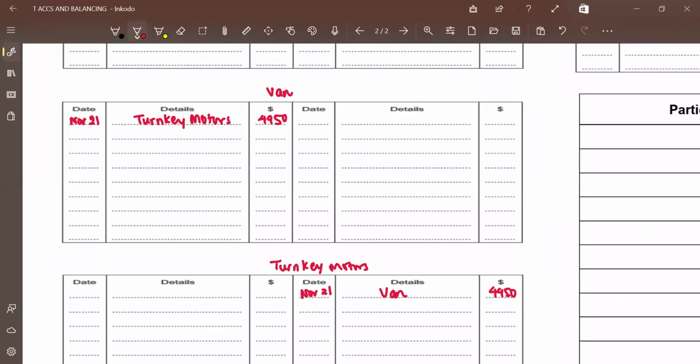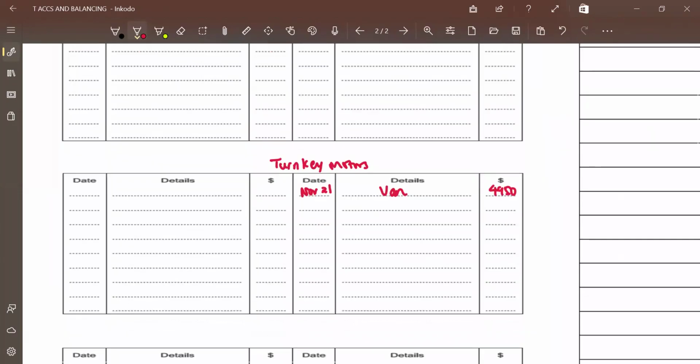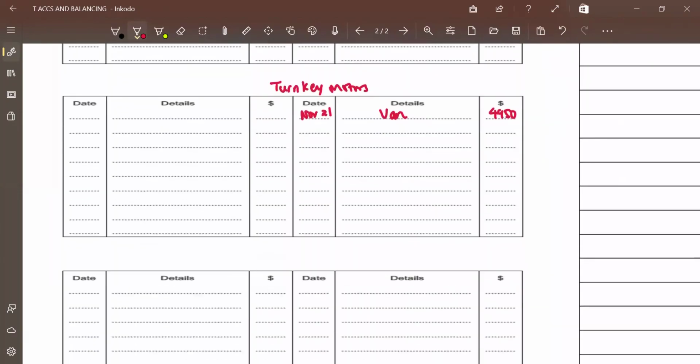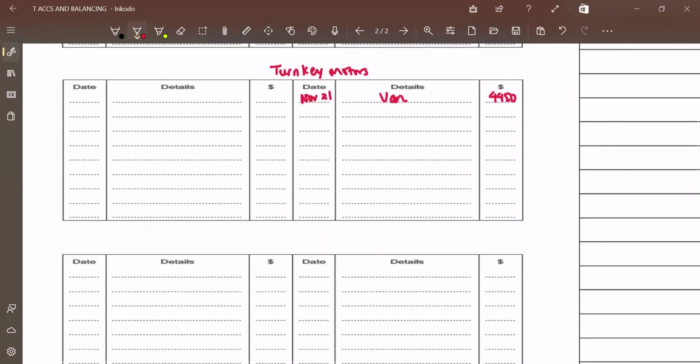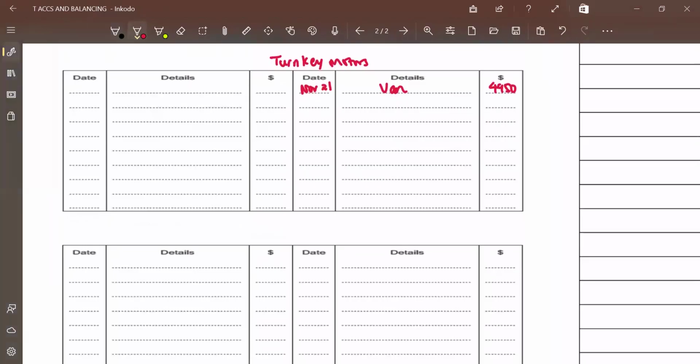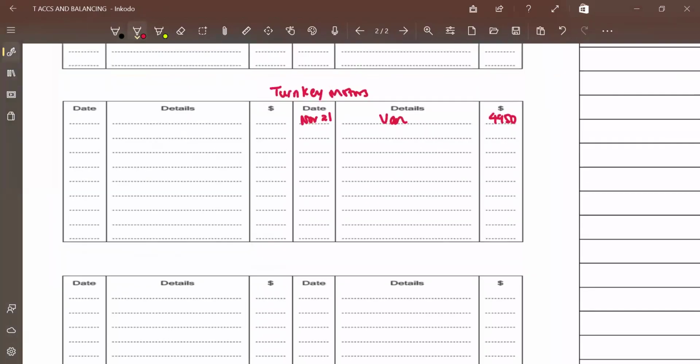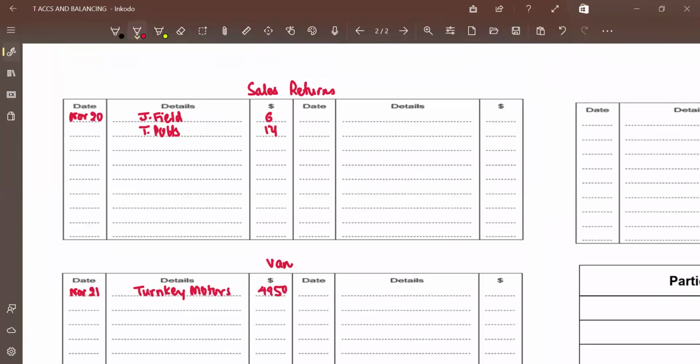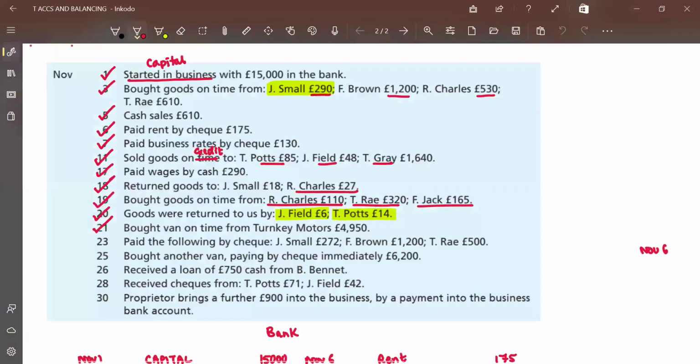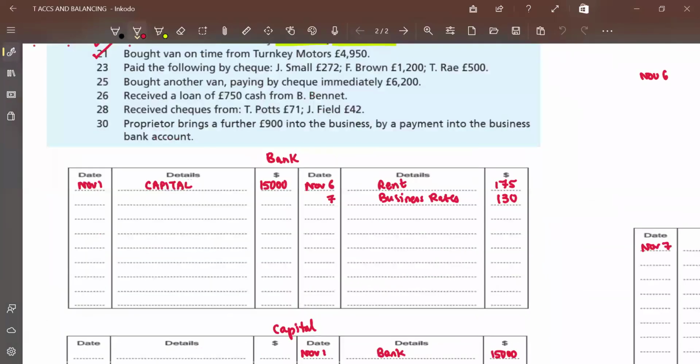Now, next is paid the following by check. So I'm not going back to the question because I have the question in my hand. You can also take a picture and keep the question with you. It says paid the following by check. J Small, F Brown, and T Ray. So these accounts are already prepared. So you're going to go to your bank account because you're paying them. There has to be a reduction in your bank balance.